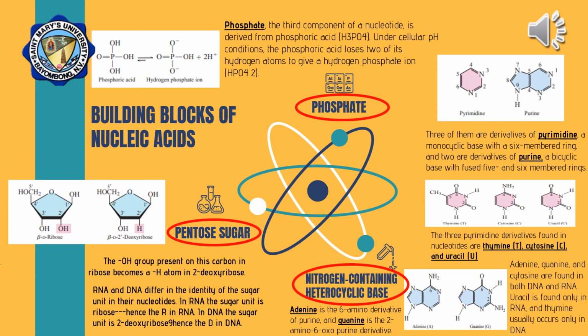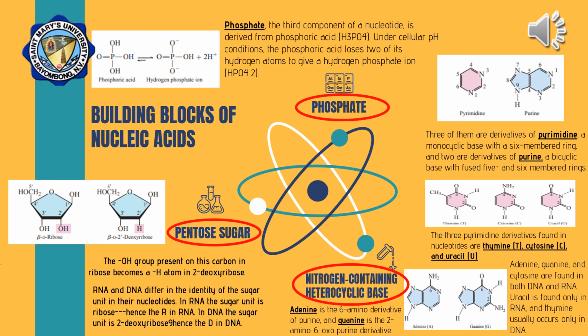The 3 pyrimidine derivatives found in nucleotides are thymine, cytosine, and uracil. Thymine is the 5-methyl 4-oxo derivative, cytosine is the 4-amino 2-oxo derivative, and uracil is the 2,4-dioxo derivative of pyrimidine. The 2 purine derivatives found in nucleotides are adenine and guanine.